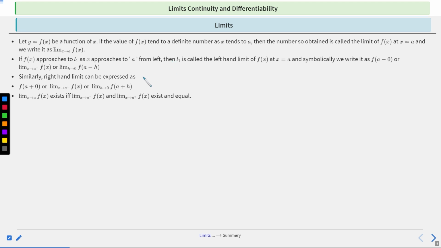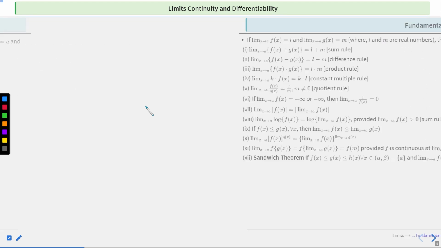Similarly, right hand limit can be expressed as f(a plus 0) or limit x tending to a plus f(x) or limit h tending to 0 f(a plus h). Limit x tending to a f(x) exists if and only if limit x tending to a minus f(x) and limit x tending to a plus f(x) exist and are equal, right?